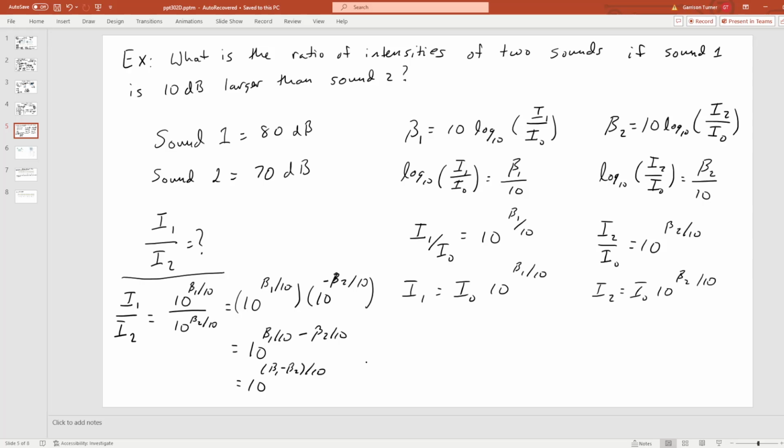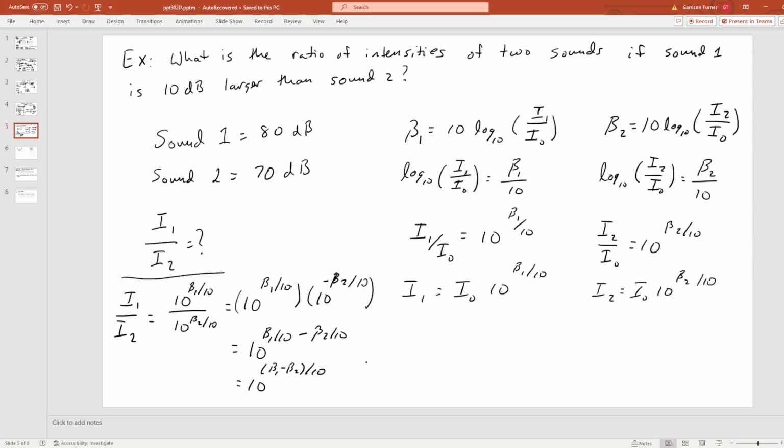And you'll notice that it doesn't matter that this is 70 and 80. Beta 1 could be 100 and beta 2 could be 90. As long as their difference is 10, then this ratio is going to be the same.